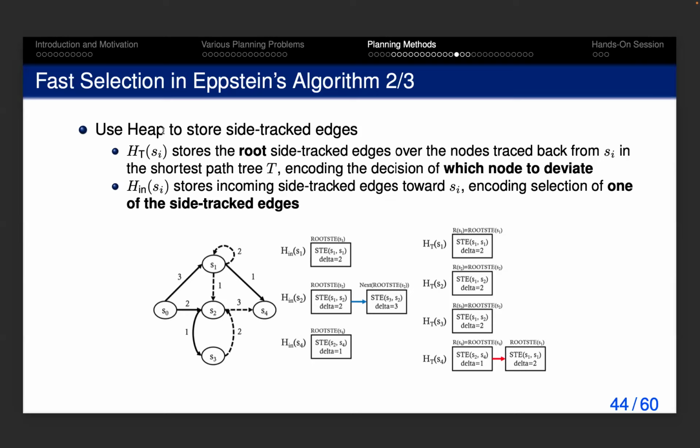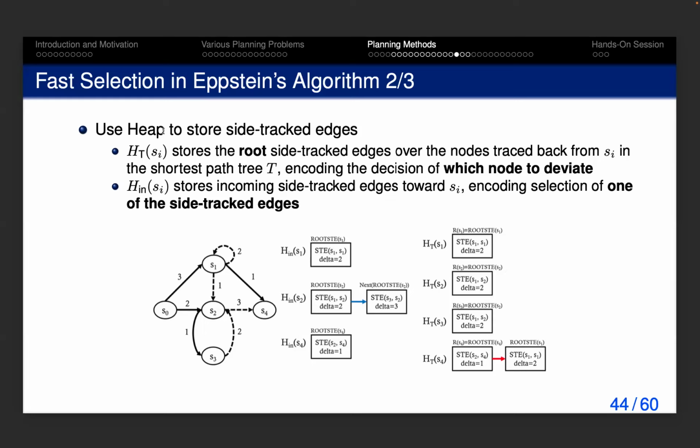And then the other data structure stores all the incoming sidetrack edges per node. In this case, S4 has only one, S2 has two sidetrack edges. If you see this example, you have to sort them by their deviation cost. For example, for this sidetrack edge, it's about one deviation here. S1 to S2, the path cost detouring via this sidetrack edge is going to be 3 + 1, and the cost along the shortest path tree is only 2, so delta is 4 - 2, which means 2.